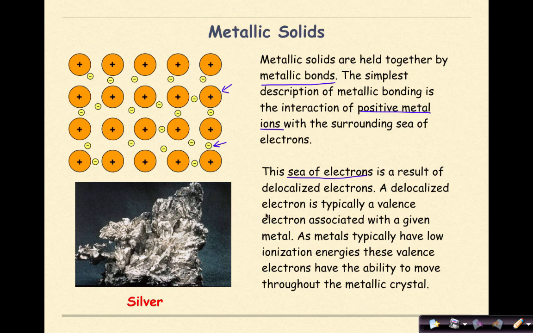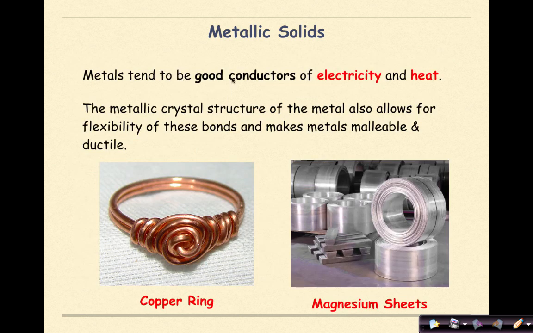A delocalized electron is typically a valence electron associated with a given metal. As metals typically have low ionization energies, these valence electrons have the ability to move throughout the metallic crystal. Metals tend to be good conductors of electricity and heat. The metallic crystal structure of a metal also allows for flexibility of these bonds and makes metals malleable and ductile.